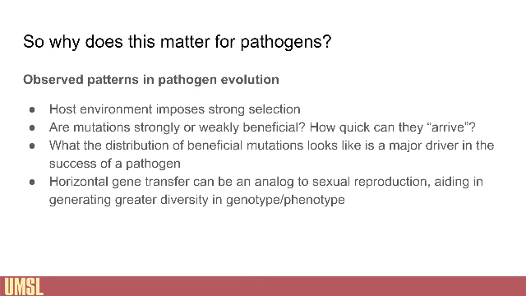Now, the thing that can complicate this, and does, is horizontal gene transfer. It can operate as an interesting analog to sexual reproduction, in that it allows for generating massive diversity in genotype and phenotype, right? I've given you examples in previous lectures of basically, you acquired this thing, and now you're just a total badass, right?